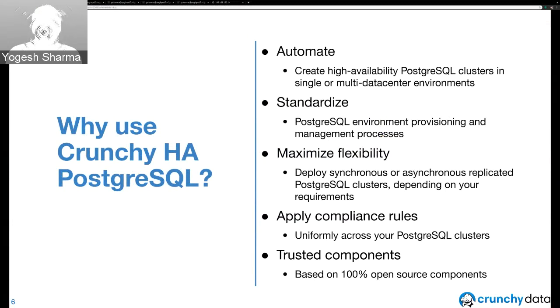You can create a standard environment. That means all your HA clusters can be pre-configured in a way that they look alike. You can do a cookie-cutter kind of mechanism here because that's what Ansible is designed for. You can apply the same rules to n number of nodes, and we are utilizing that. Deploy synchronous or asynchronous replicated clusters depending on your requirements.